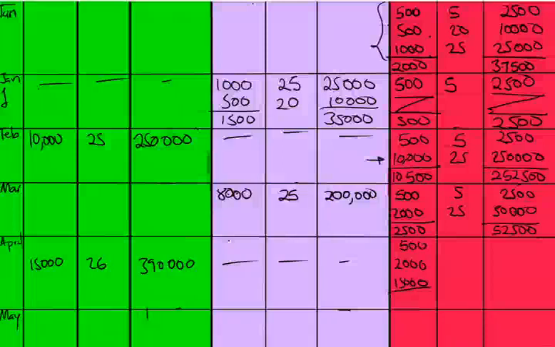If we add up all that, we should find 17,500 units in stock. Let us look at the value. This will be costed at 5, this at 25, and this at 26. So this is 2,500, this one 50,000, and this one 390,000. If we add this up, we should find a value of 442,500. That's the value of the balance in April.